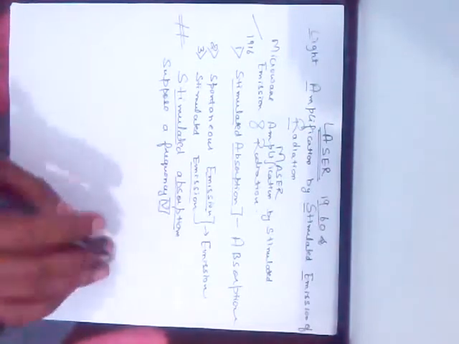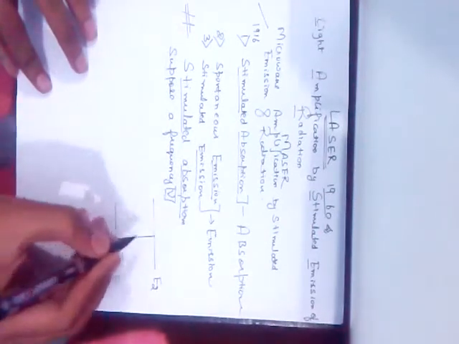To draw it for better understanding, there are two energy levels named E1 and E2. Remember that E1 is the lower energy level and E2 is the upper energy level.